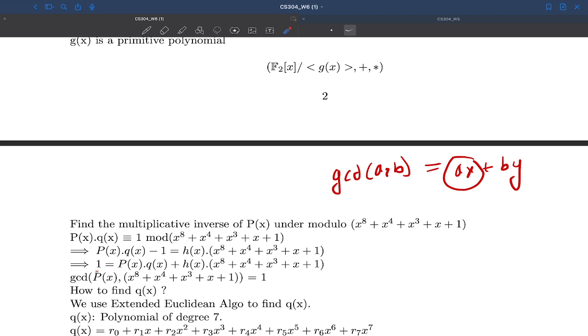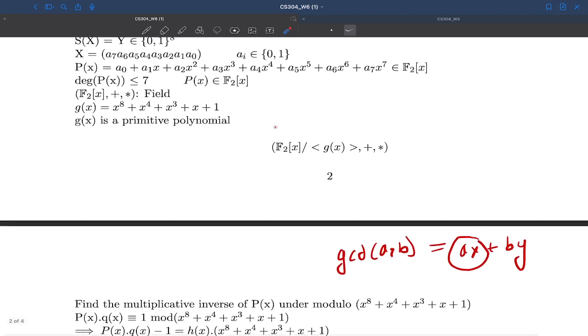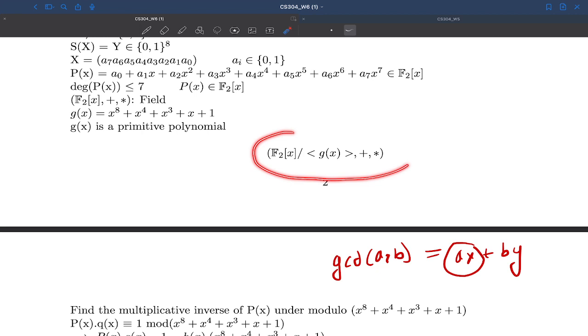Okay, and since this combination is making a field, in a field every element has an inverse. If you recall the definition of a field, every element has an inverse in a field.